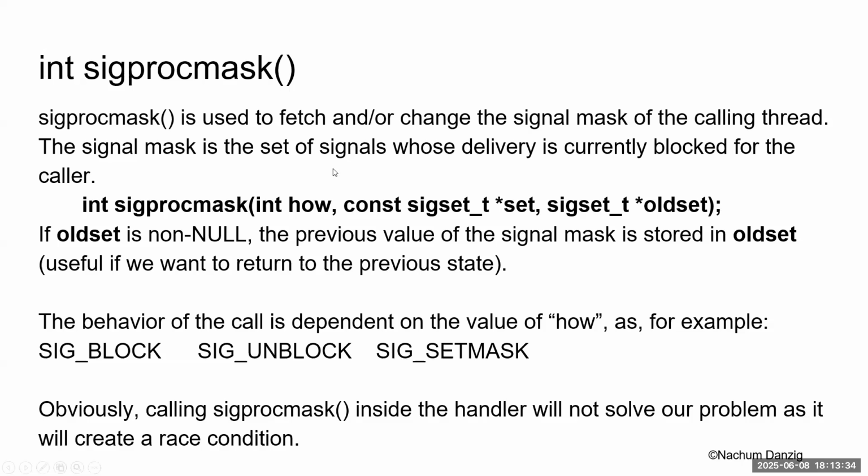If oldset is a null pointer, then I won't get anything. But if it's a regular pointer, a sigset_t pointer, the previous value of the sigmask is stored in the oldset, useful if we want to return to the previous state. What are the possible behaviors that I can put in the how?